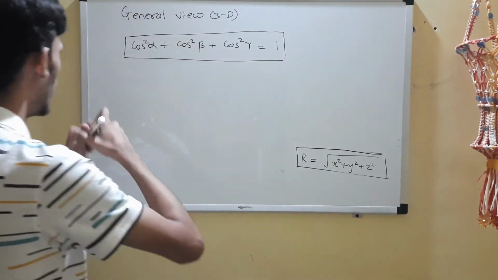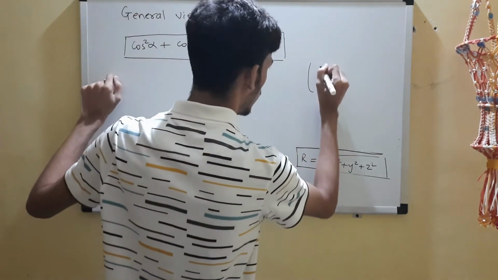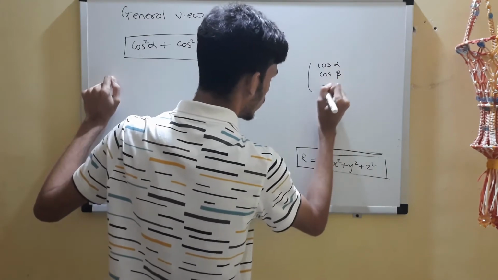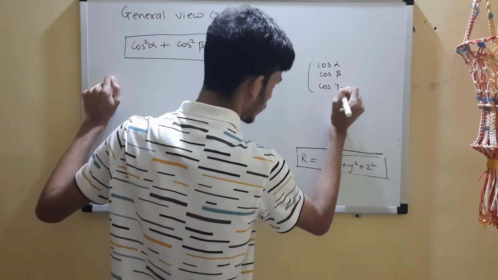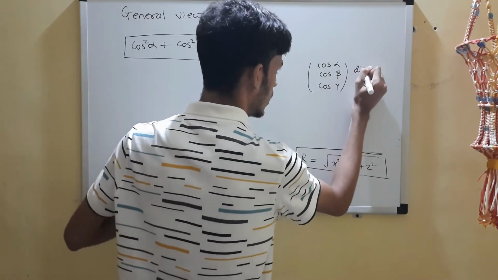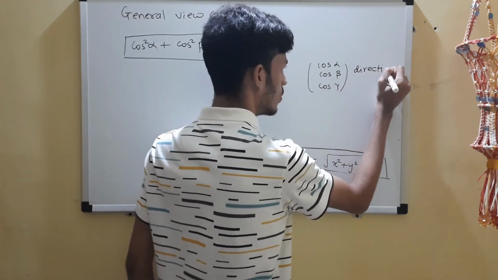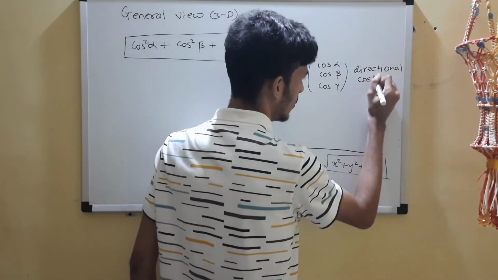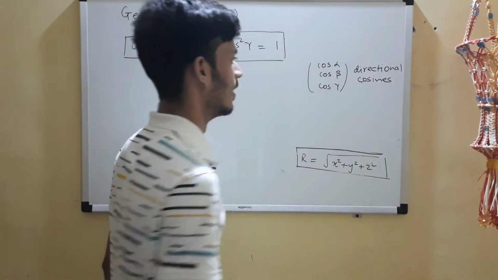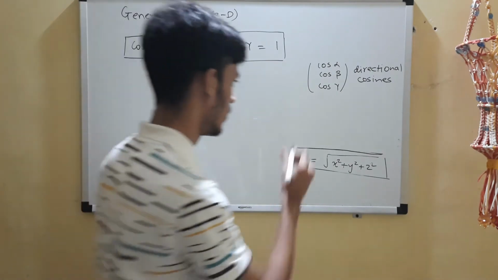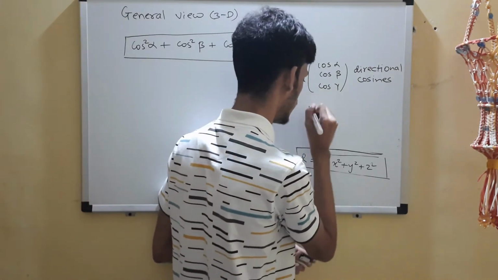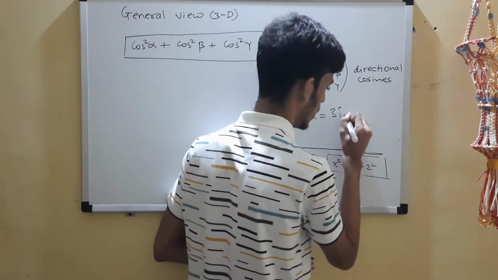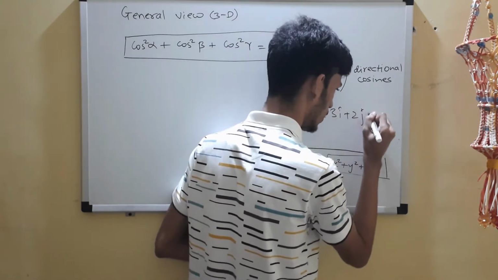The only point I want to make here is that cos alpha, cos beta, cos gamma are called directional cosines. Sometimes you might be asked a direct question on directional cosines, like find the directional cosines if they provide you a vector like this, the same one. 3, 2, 1 we'll choose.